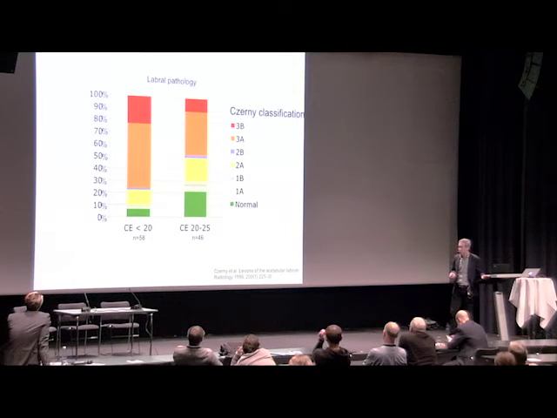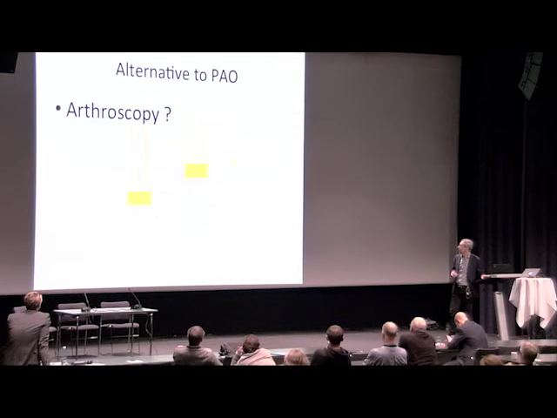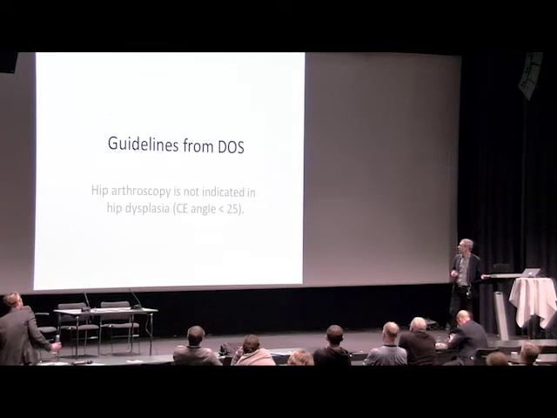So from now on, we regard all patients with C-angle less than 25 as dysplasia, and we recommend the operation we are doing, the PAO, instead of arthroscopy. Because it has also been an option, should we do arthroscopy in dysplastic patients? We don't think so.